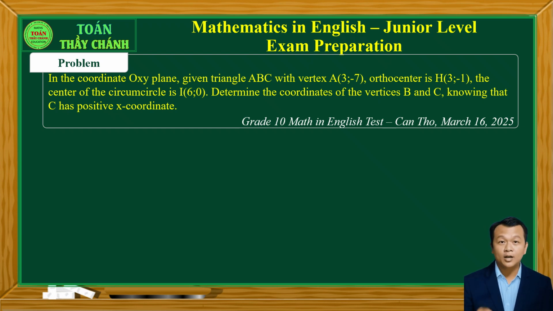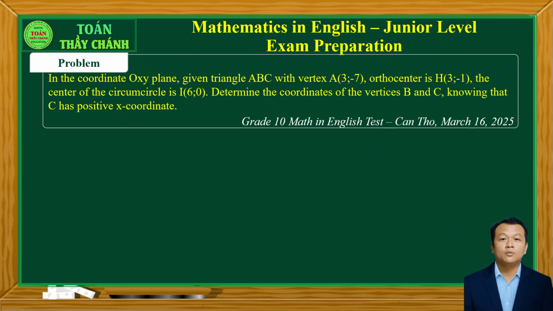In this video, we will work on a geometry problem taken from the grade 10 mathematics test in English in Kanto City on March 16, 2025. In the coordinate plane OXY, given triangle ABC with vertex A (3; -7).